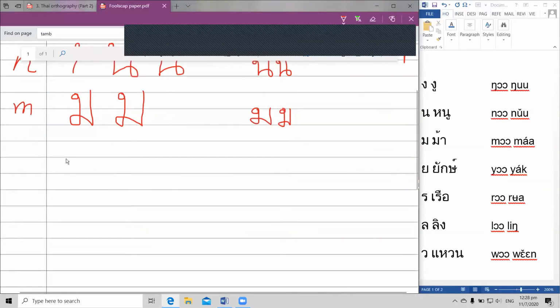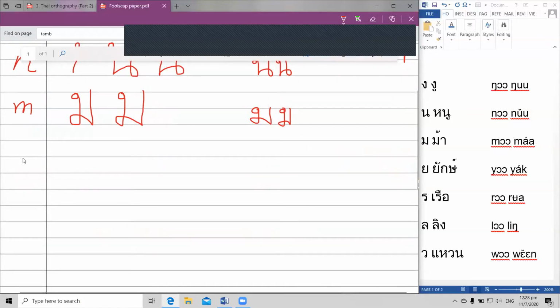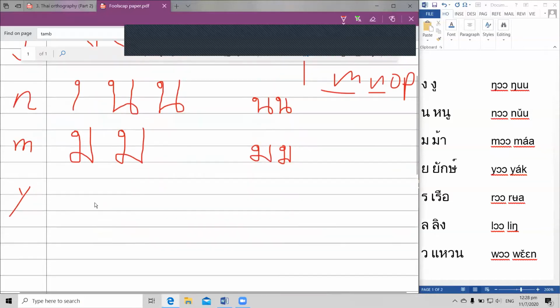That's how I remember. Next, we have Yo Yak, the semi-vowel or the glide. Start from the circle again. Go up like that, all right? So it seems like it's like that, right?